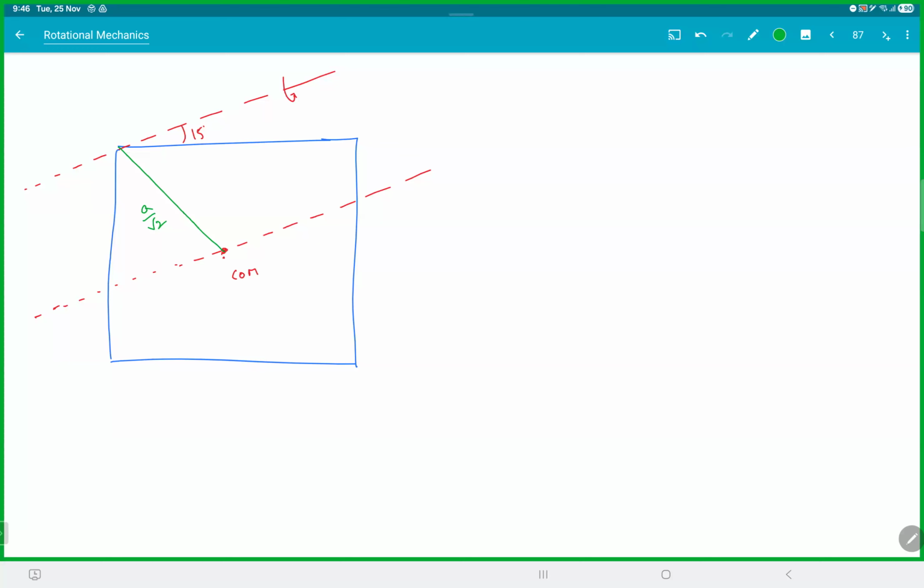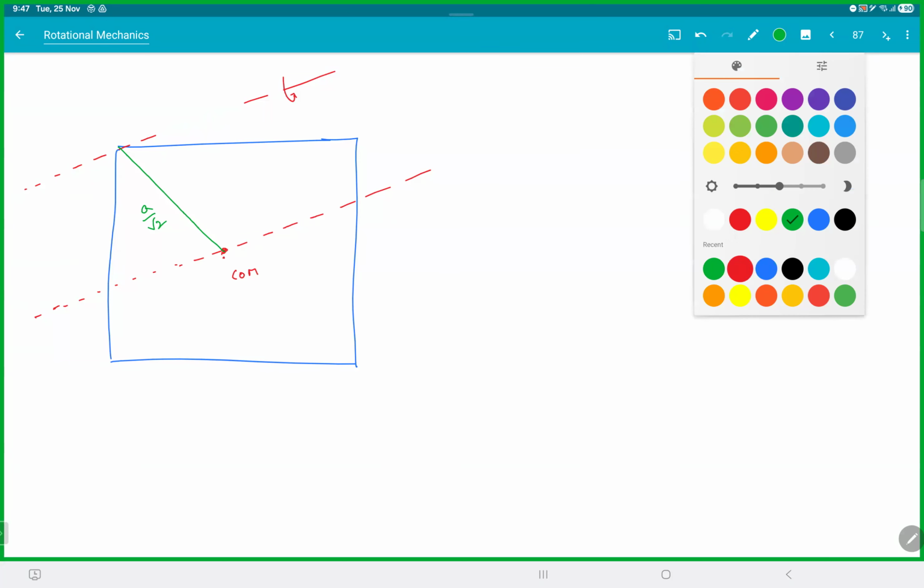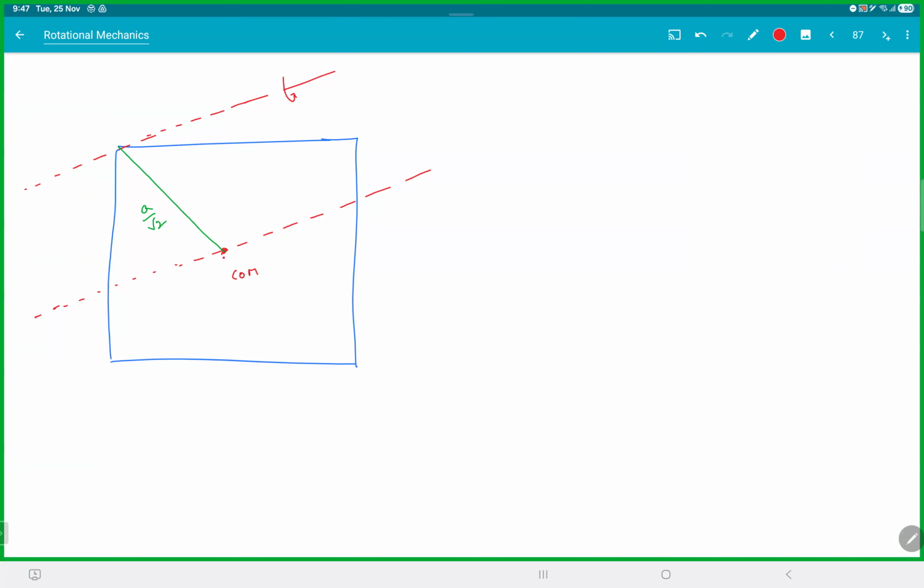Are you getting it? So when you drop from here, if you drop a line from here, this will be the perpendicular distance. This angle is 45 and this angle is 15 degrees.